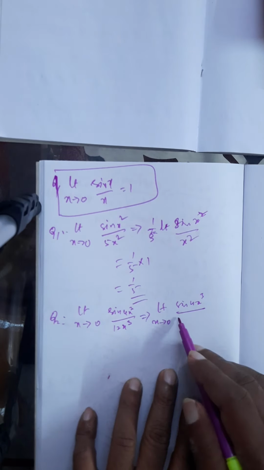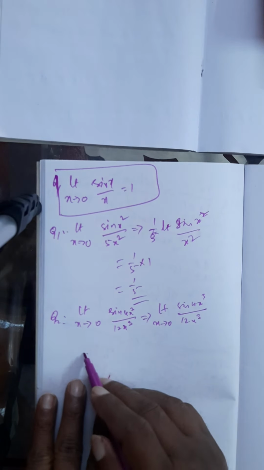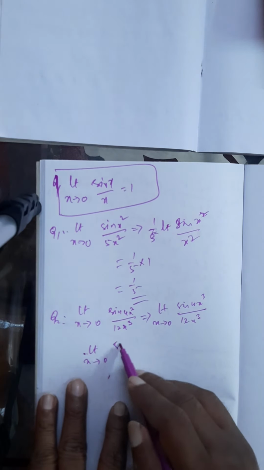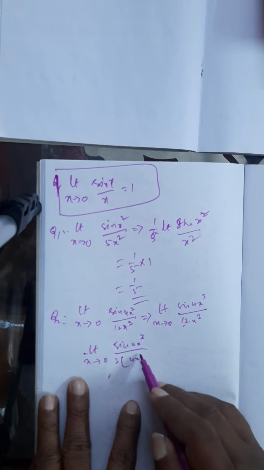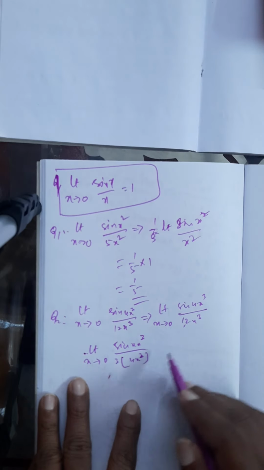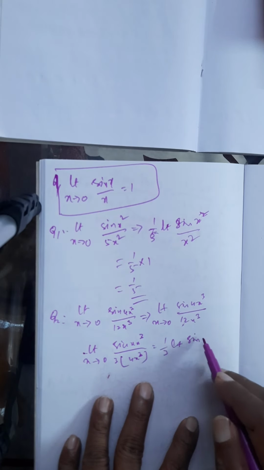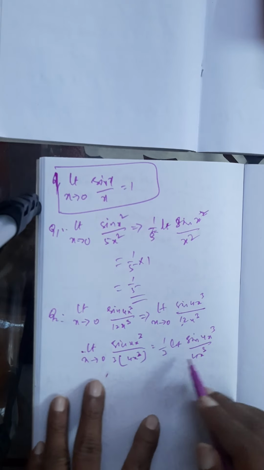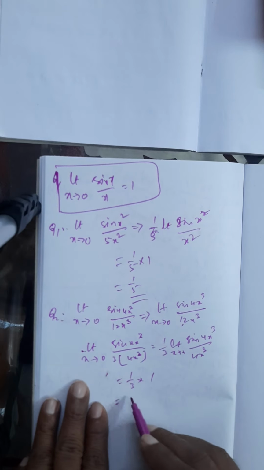Here we have to take the constant out. So to make the limit the same, we write sin of 4x³ divided by 3 into 4x³, since 3 fours are 12. So take out 3: 1 by 3 limit sin of 4x³ divided by 4x³. So the limit as x tends to 0 is 1 by 3 into 1. So this is 1 by 3.